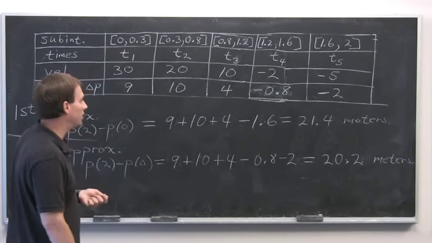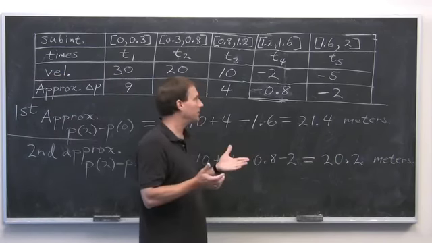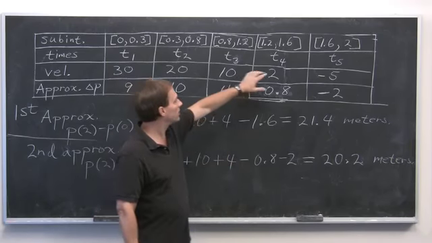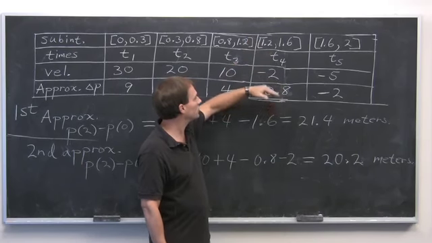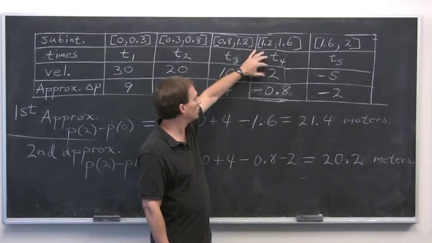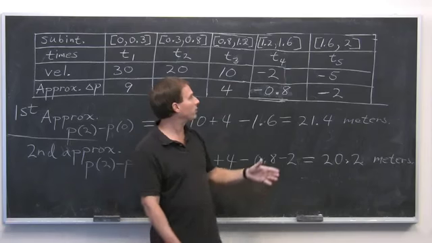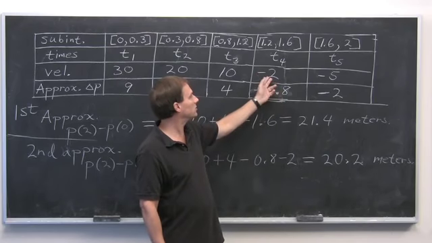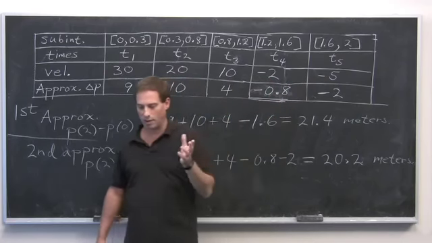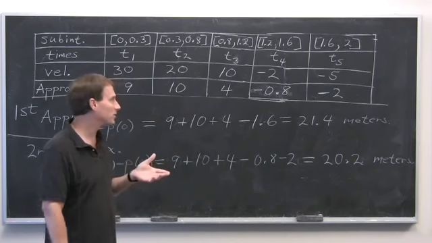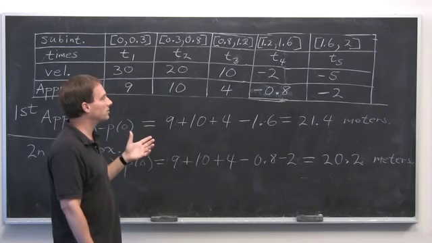It's kind of unknowable, because before, our approximation basically assumed that the velocity was -2 on the whole interval from 1.2 to 2. Now we're assuming that on half of this interval the velocity was -2, but on the other half it's -5 meters per second. Well, does this give us something better or worse?